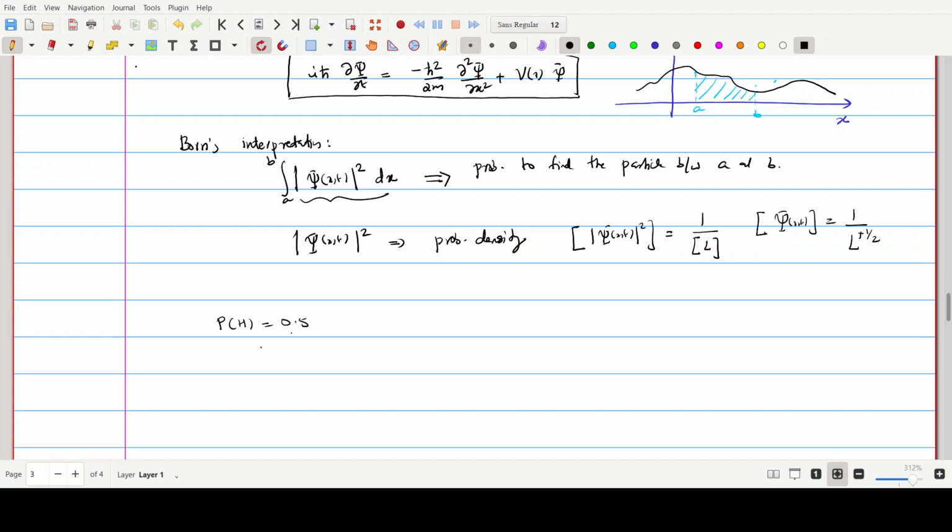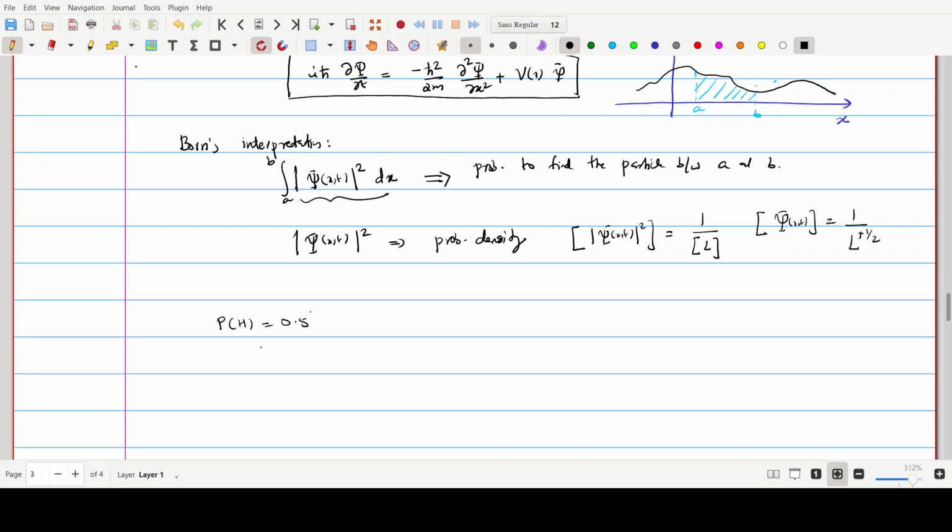That means if you toss a coin around 10,000 times, then almost 5,000 times you will get heads. That's the only thing we can say. We cannot say what the result would be in each toss.